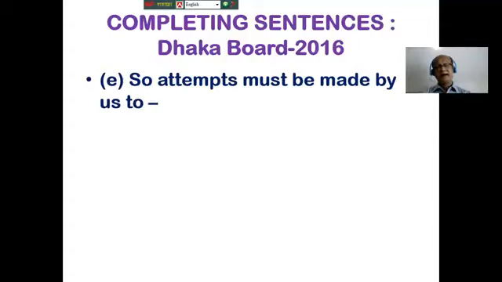So naturally, you may ask me what is a finite verb? A finite verb is a verb that indicates a tense. To plus verb, verb plus ing, or past participle, these forms of the verbs do not indicate tense. So they form phrases. So attempts should be made by us to what?